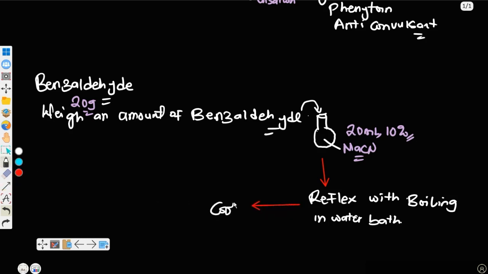You cool in ice bath. Then after cooling in ice bath, the solid will crystallize. So after cooling in ice bath, the process is crystallization that will occur.